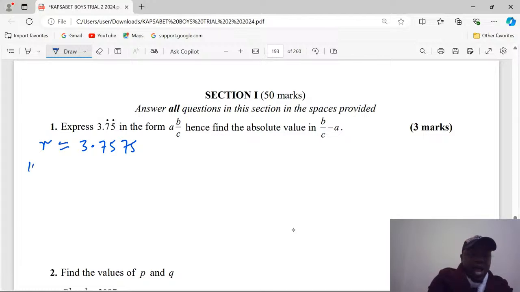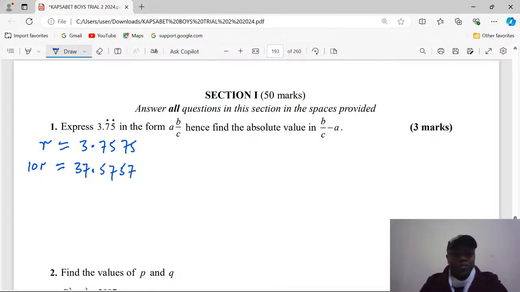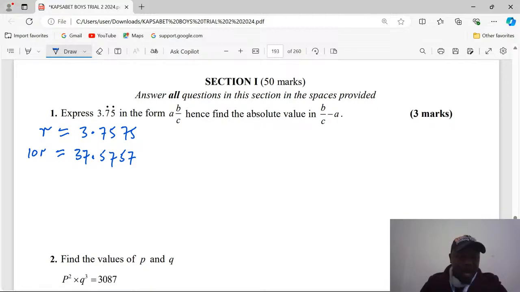So we go to 10R, whereby it will be 37.5757. Remember, this should continue until on the decimal parts we can get a pair that can be subtracted to give us 0 on the decimal part.